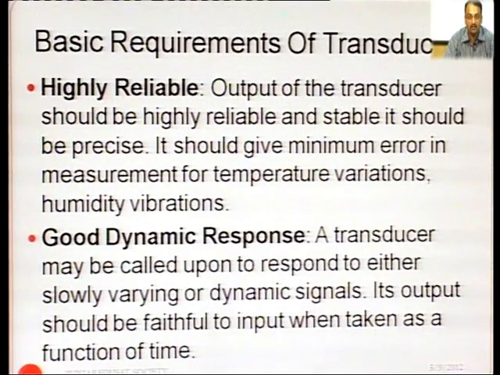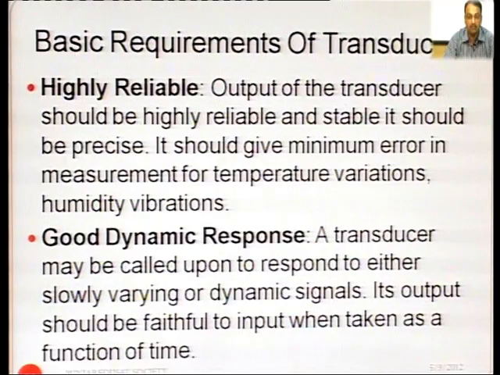High reliability. Output of the transducer should be highly reliable and stable. It should be precise. Precise means it is up to the mark. It should give minimum error in measurement for temperature variations, humidity variations, etc. Good dynamic response.